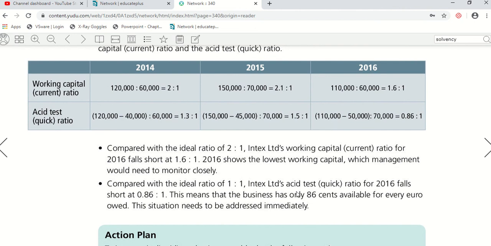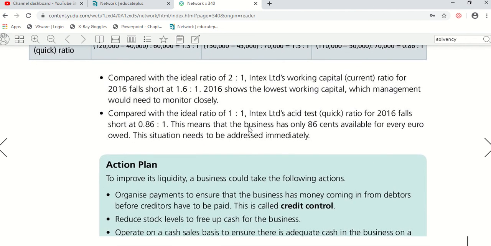The same you could mention here for the quick ratio and what that means. There's only so much available that needs to be addressed quickly. What can be done is to get money into cash and bank, because it's nothing to do with stock, remember, as that's taken out for the asset test or quick ratio.